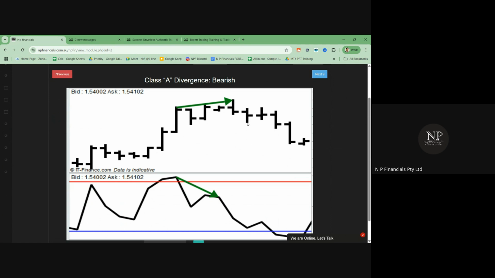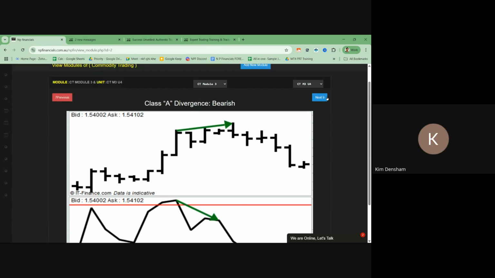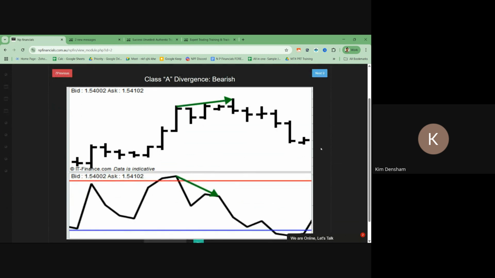Make sense? Yes. Just to clarify, when you say must touch the red line, is that a physical touch, or does it have to go above that red line? No, just touch or above, doesn't matter. As long as it is touching, that is fine. Any other question? No.